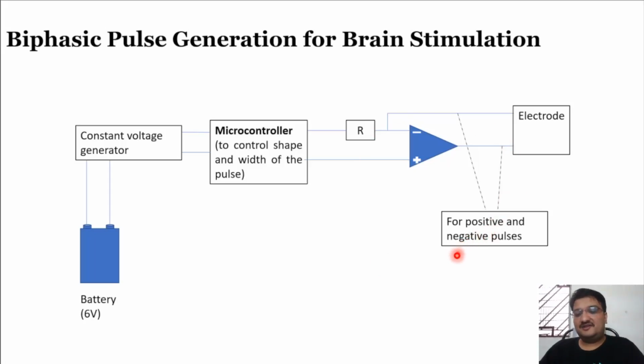Studies have shown that if you provide a particular kind of electrical stimulus, you can navigate, or you can make a person do a particular thing. For example, if biphasic electrical stimuli is inserted into a rat's brain, you can navigate the rat in a particular direction.